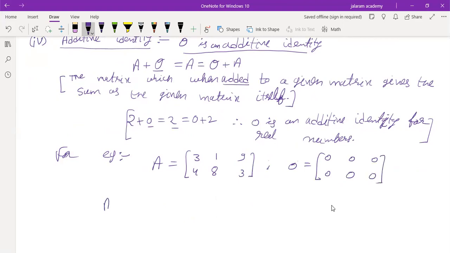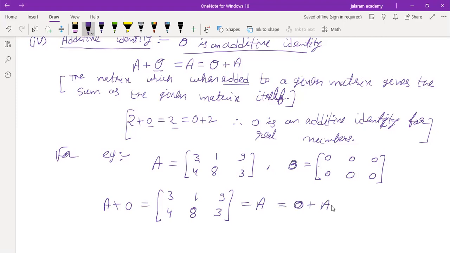This is a null matrix. So if we add A plus O, what will be the result? 3 plus 0, 3. 1 plus 0, 1. 9 plus 0, 9. 4 plus 0, 4. 8 plus 0, 8. 3 plus 0, 3. So it will be equal to A. Is that clear to you? Or if we add O with A, it's not 0, it is O.